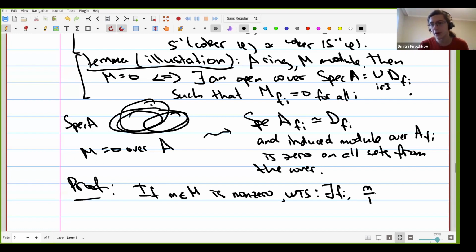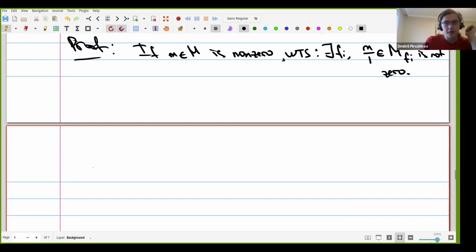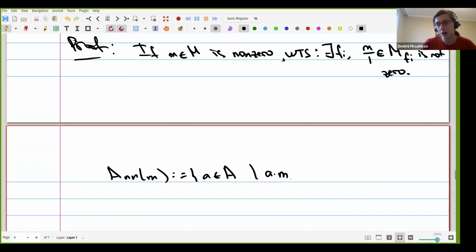That is, the element m divided by 1 in the localized module is not 0. Okay, so to do this, let's first consider the annihilator set of this element, which is by definition just the set of elements of the ring, so that when you act by the element of the ring on this M, you get 0 in the module.